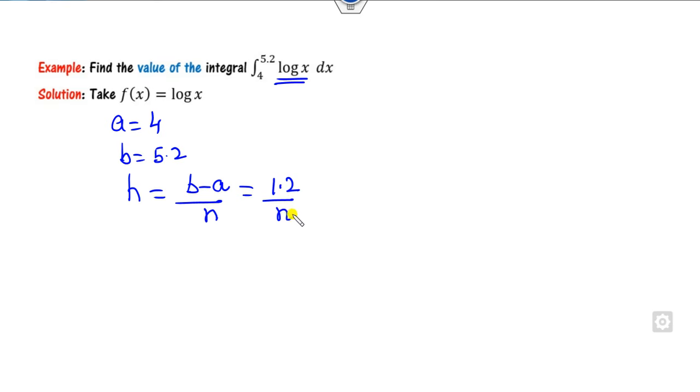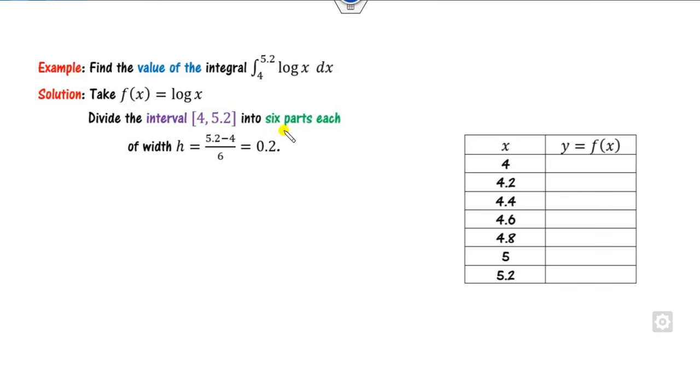Now n is not given to you. If you choose n is 1, then it is called the trapezoidal rule. And since n is a very small number, definitely the error will be high. So it's your choice. If I divide this interval into 6 parts, the error will be minimized, and we can formulate this table.